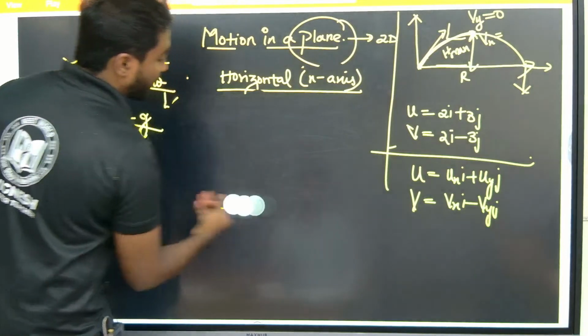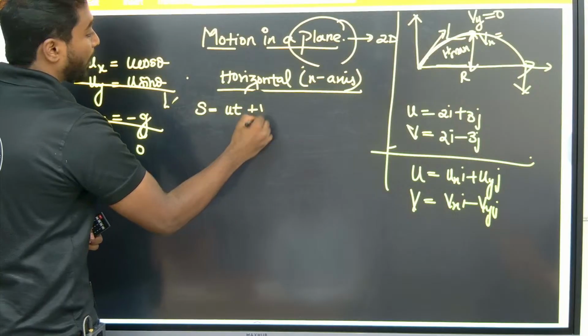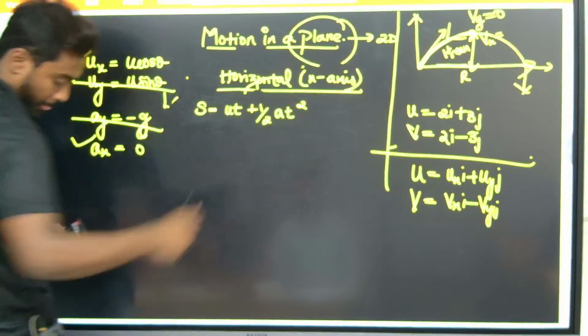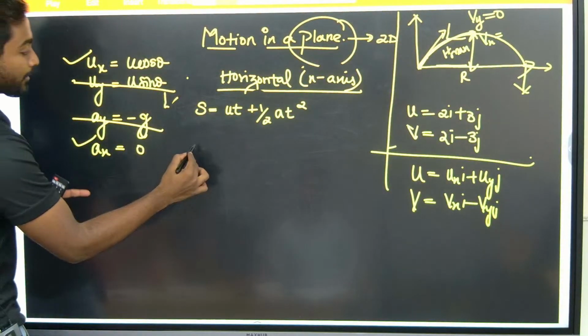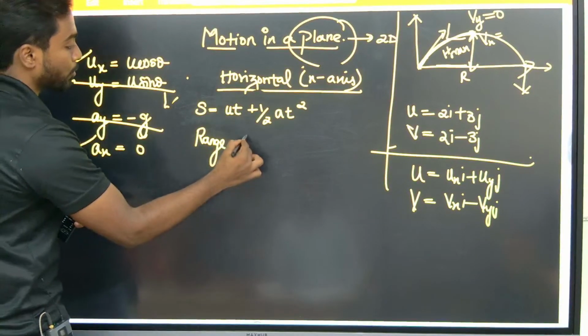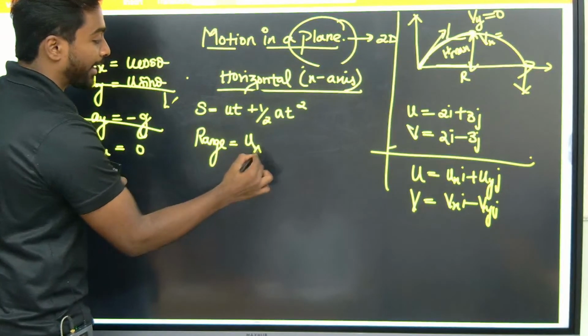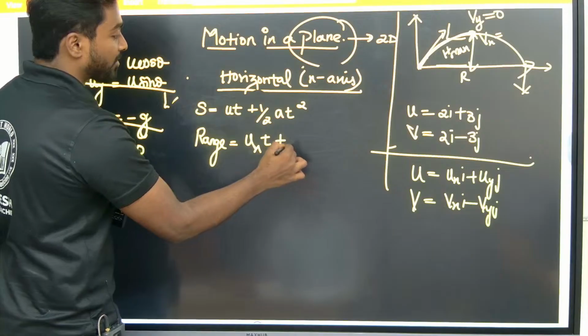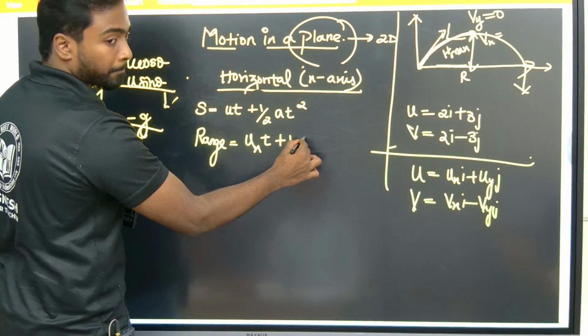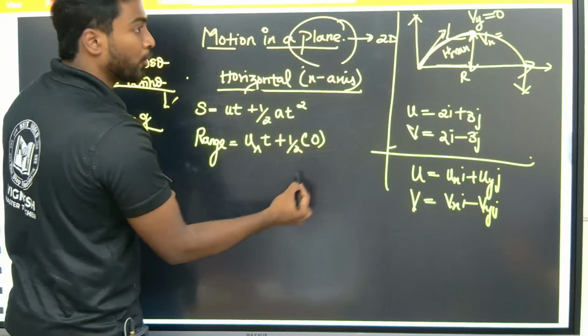So s is equals to ut plus half at square, where this is range. So range is equals to initial velocity in x direction into t plus 1 by 2 into 0 into t square.